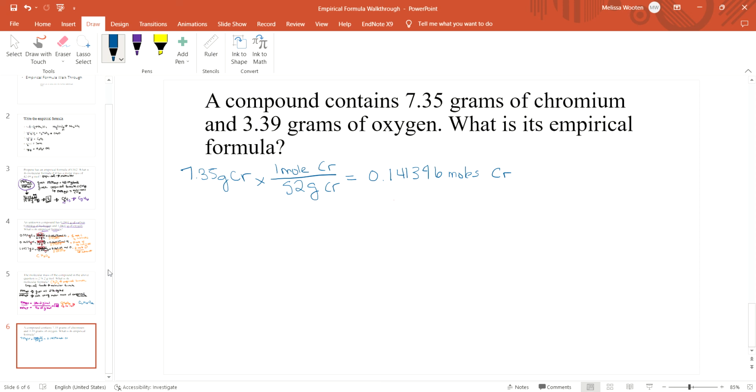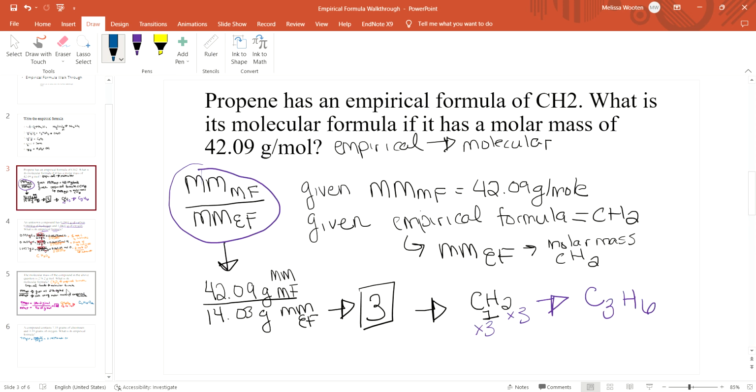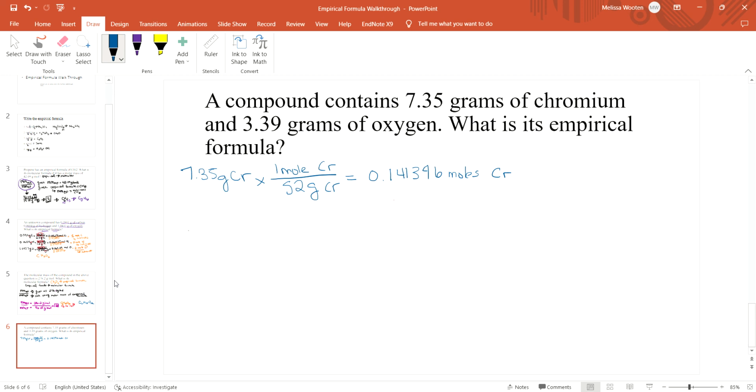And we're going to do the same thing with oxygen. And if your numbers are a little bit different because in the worksheet it says 16 instead of 15.998, don't worry too much about it.